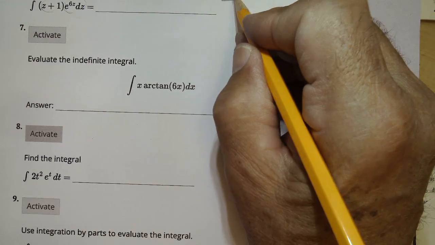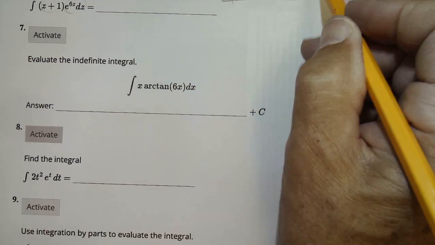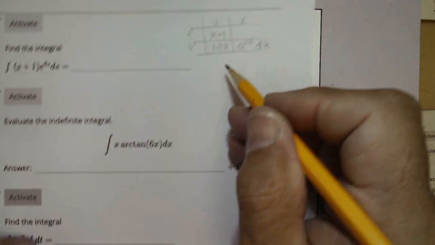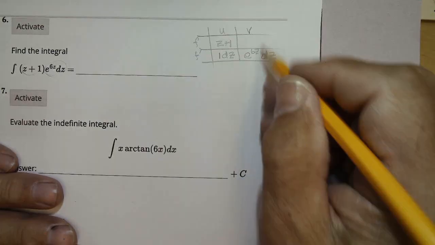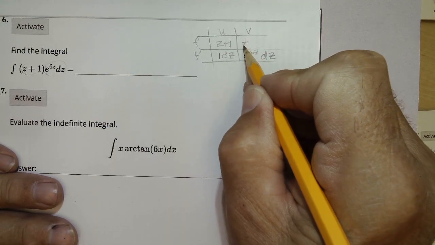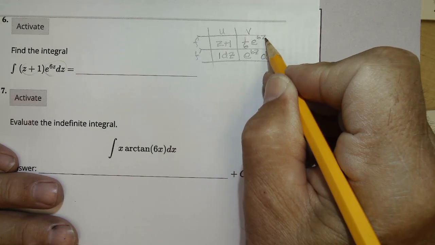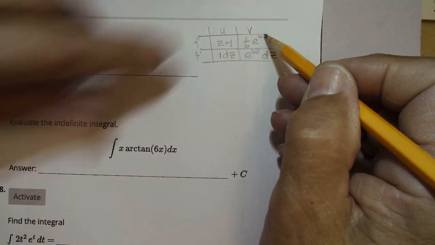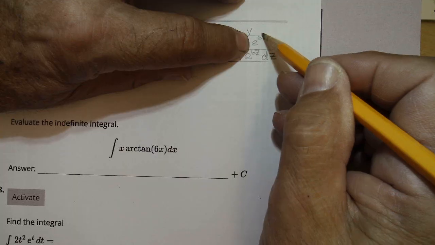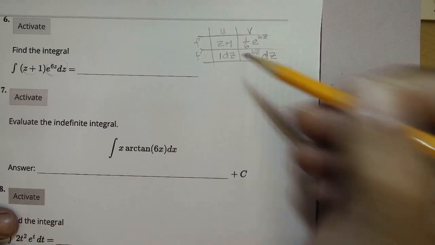Derivative of z plus 1 is 1 dz. And the antiderivative of e to the 6z is 1/6 e to the 6z, because the derivative of this would be the same times the derivative of that, which would be a 6. That cancels the 6 and would be just that.